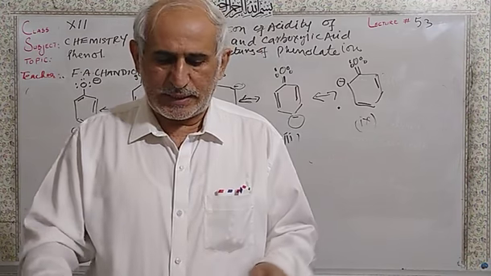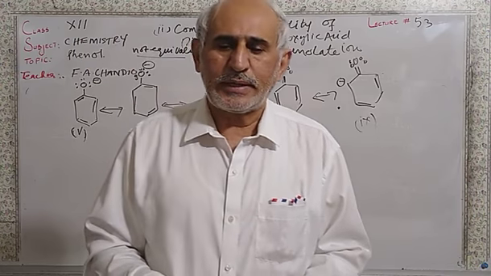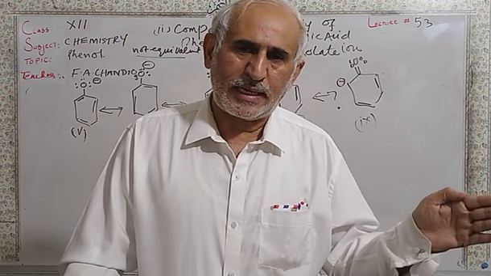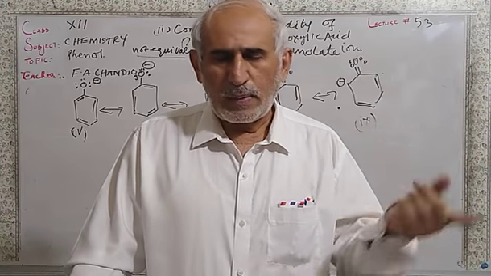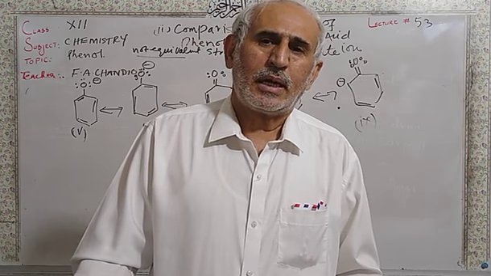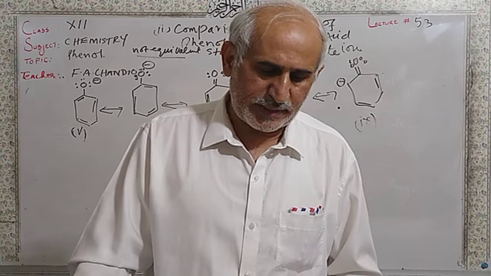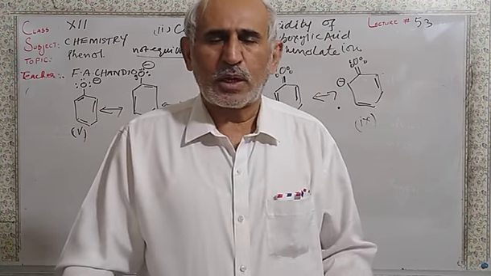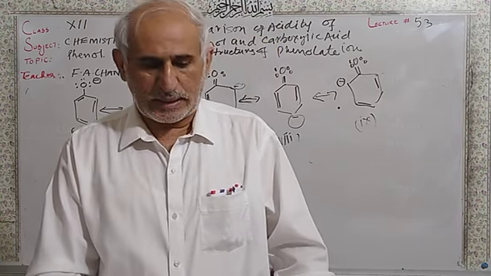So, yesterday I told you about the stability or acidic strength. Acidic strength: first one is carboxylic acid, then carbonic acid, then phenol, then water, then alcohol. Alcohol has the least acidic character, then water, then phenol, then carbonic acid, and the first one, the strongest one, is carboxylic acid.